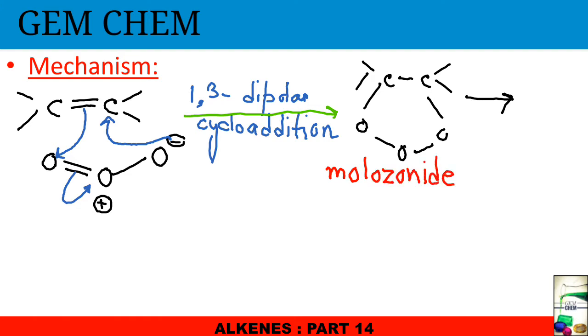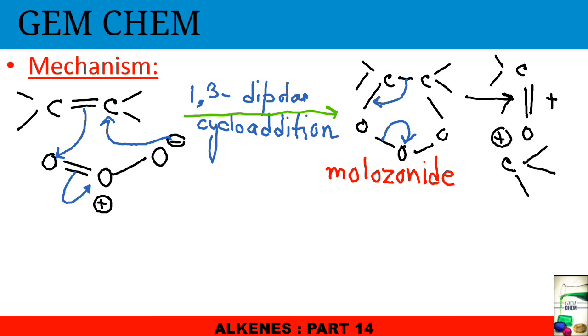Now see the cleavage. Here this bond comes here and this bond goes here. Now we get two things: one is a carbonyl like this, and another is a carbon with a positive charge and two bonds, oxygen, oxygen with a negative charge.